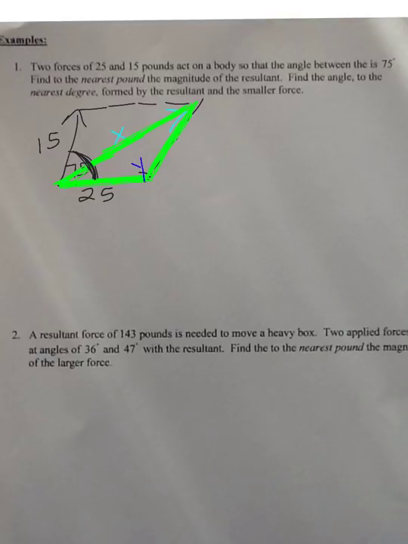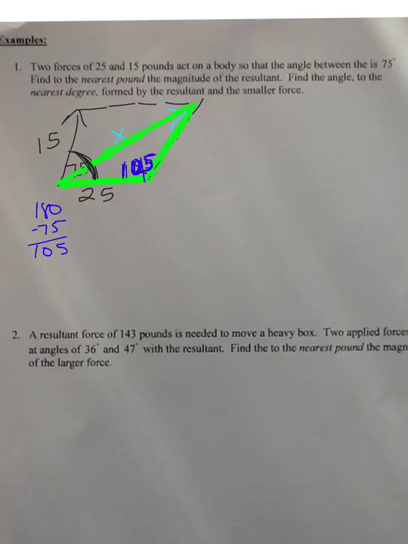Because I know that consecutive angles in a parallelogram, angles that are right next to each other, top, bottom, side to side, are supplementary. They have to add up to 180 degrees. So I'm going to do 180 minus 75. So angle Y is 105 degrees. Let's put that in here. So this is 105.